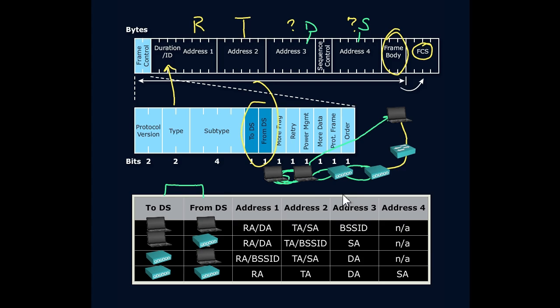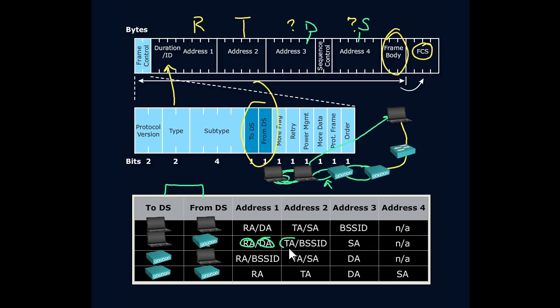How about when we're more like normal? We're using an infrastructure network. Well, when I try to communicate with the access point, or the access point tries to communicate with me, we're going to have to frame things a little bit differently. So again, in this case, we know we're coming from a distribution system, an access point, to a client. So the receiving address will be the address of the client. That's also the ultimate destination.